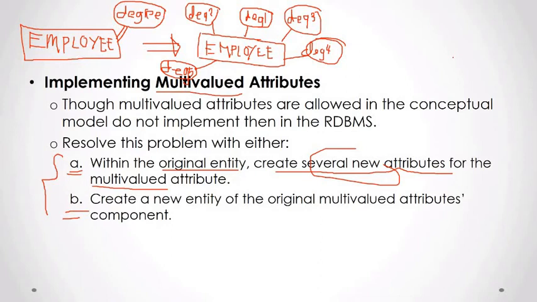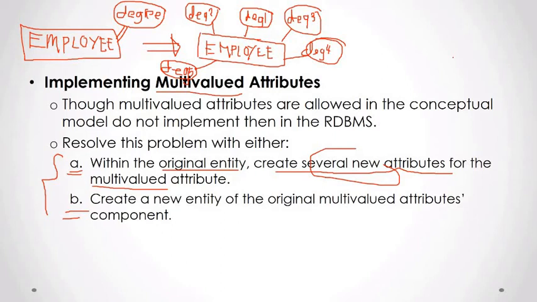If the employee has 2 degrees, then fill up degree 1 and degree 2. If 3, then fill up degree 1, 2, and 3. If 4, then fill up degree 1, 2, 3, and 4. And if 5, fill up degree 1, 2, 3, 4, and 5. Okay? So that's what will happen.